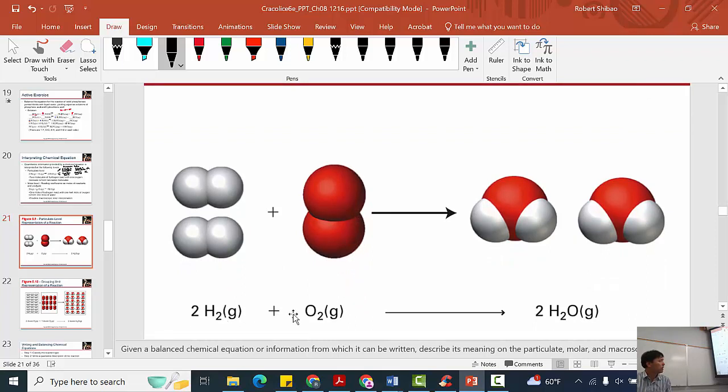This is a reaction between hydrogen and oxygen. Hydrogen, one of its chemical properties is it's combustible, and we can burn it in oxygen. When you burn hydrogen and oxygen, it forms water. Can you burn water further, or is it kind of maxed out? It's maxed out. Hydrogen has how many electrons? One.